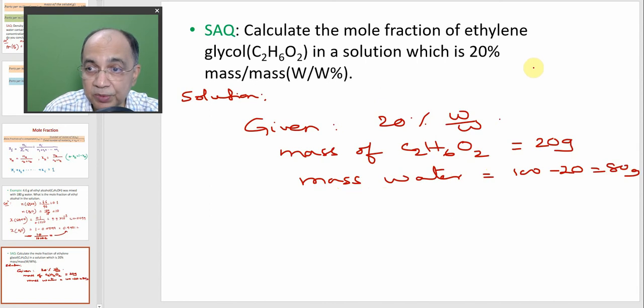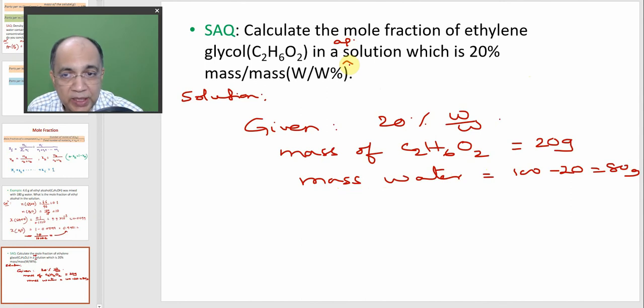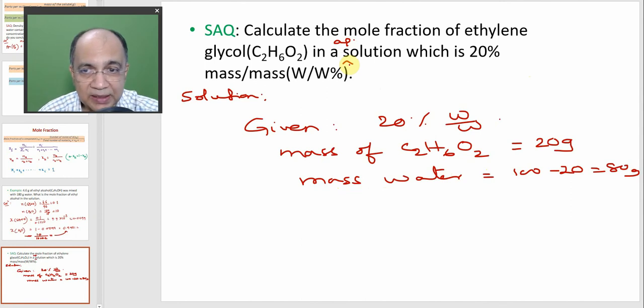If it is 20%, this obviously is an aqueous solution. If nothing is said about solvent, you presume that it is aqueous solvent, right? So 20 grams is pure ethylene glycol and 80 gram pure water. Then they find out the number of moles.